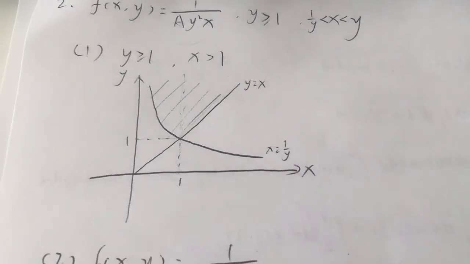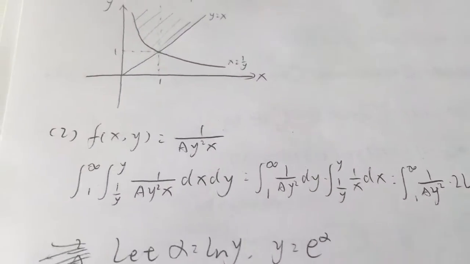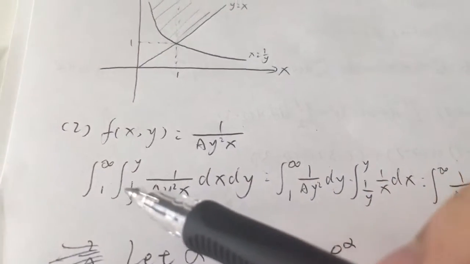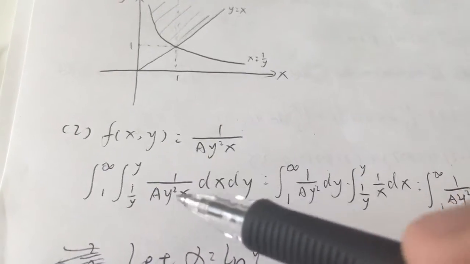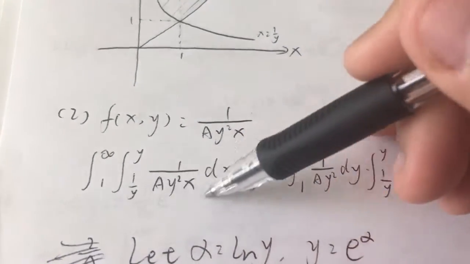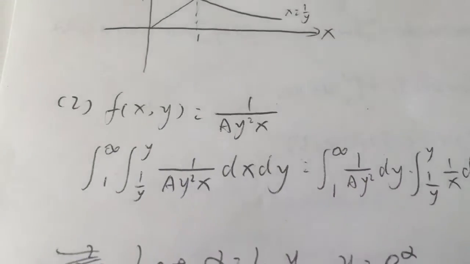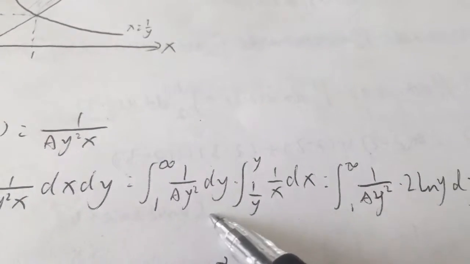function of x and y is a valid joint density function. According to the definition, for it to be a valid joint density function, this equation should equal 1. So we just calculate this, and we got this.